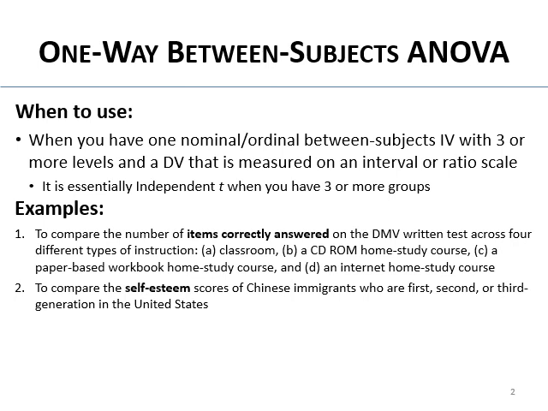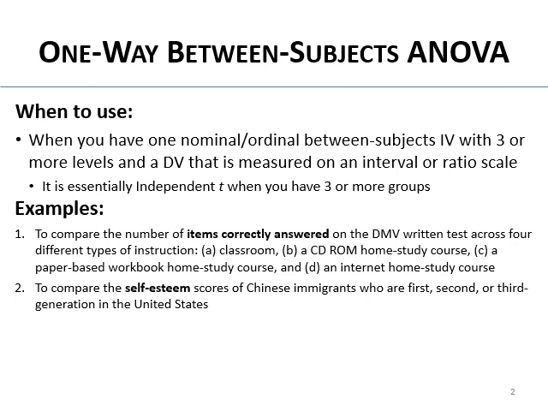Another example, let's say you just want to compare self-esteem scores of Chinese immigrants who are first, second, or third generation in the United States. What is the DV? Well, it's self-esteem scores. And again, in this class, we have an agreement based on the scales of measurement lecture that anything psychological in nature that we measure is at least interval.